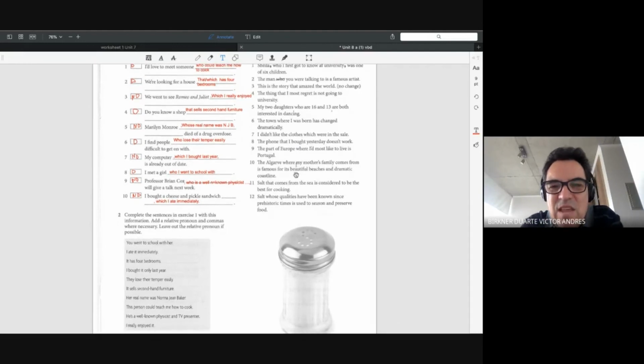All right, because yes, we can omit where. The Algarve, where my mother's family comes from, is famous for its beautiful beaches and dramatic coastline.